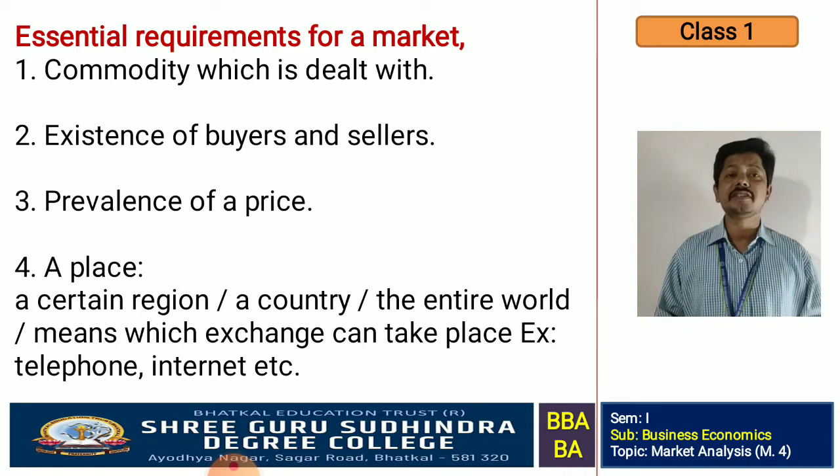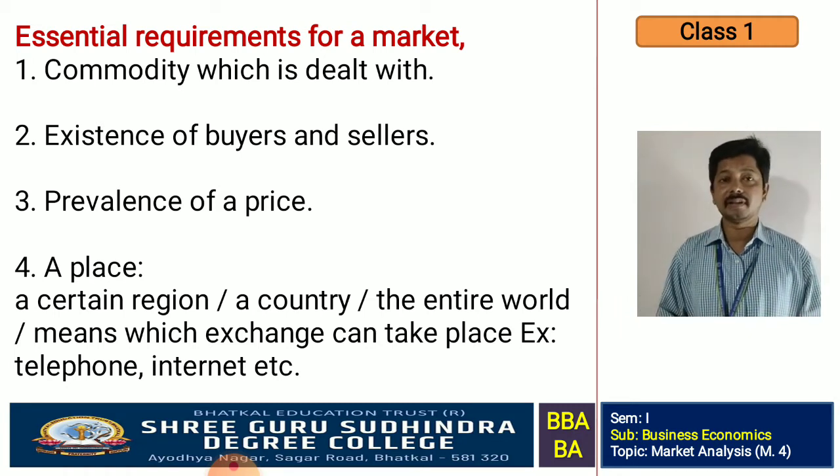So what are the essential qualities or requirements for a market? First one, commodity, which is dealt with. Commodity means both goods and services should exist. Then existence of both buyers and sellers, correct? If the buyer is there and the seller is not there, then we cannot call it a market.